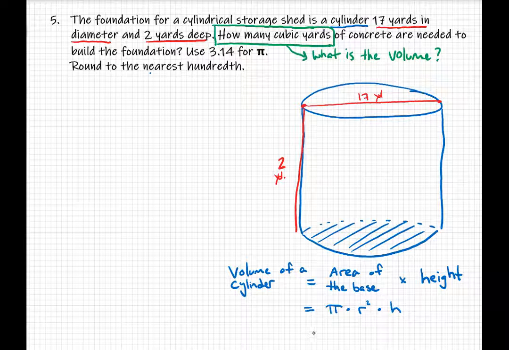Now, what is the radius? Well, the radius is half of the diameter. If the diameter is 17, the radius is half of 17, which is 8.5. If you use the calculator, 17 divided by 2 will give you 8.5.